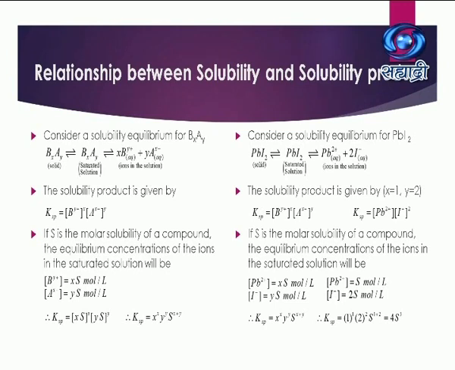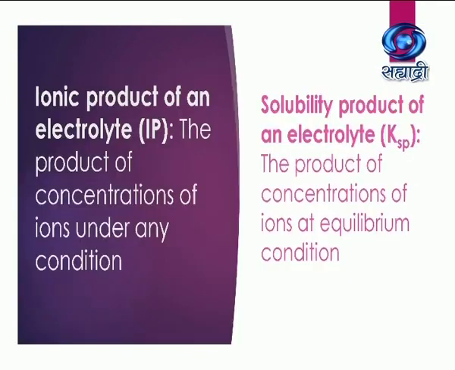So this is how one can establish the relationship between Ksp and S. Now let's consider the ionic product of an electrolyte, IP, the product of concentrations of ions under any condition.